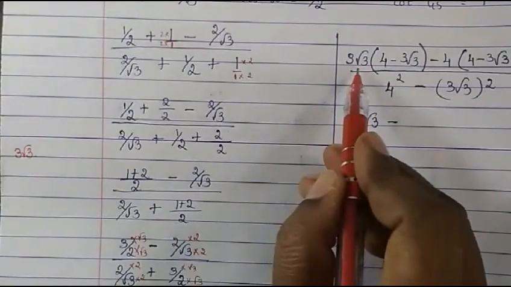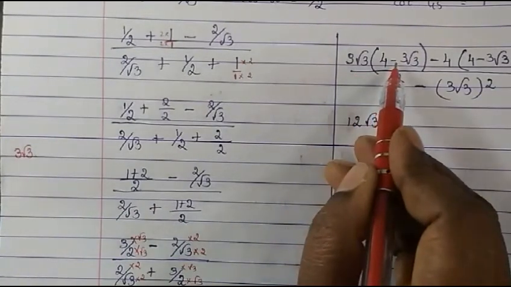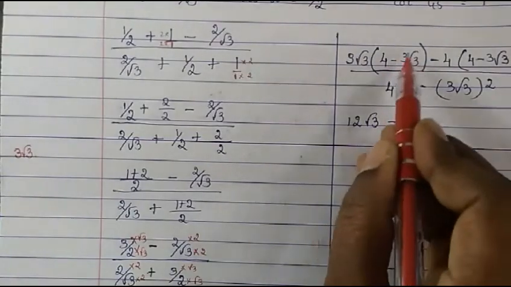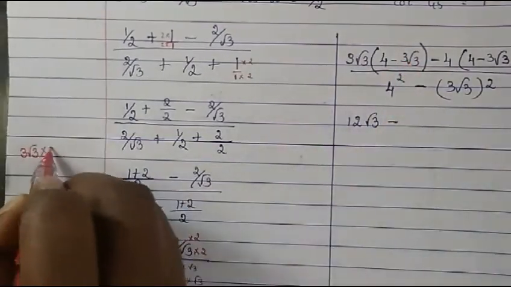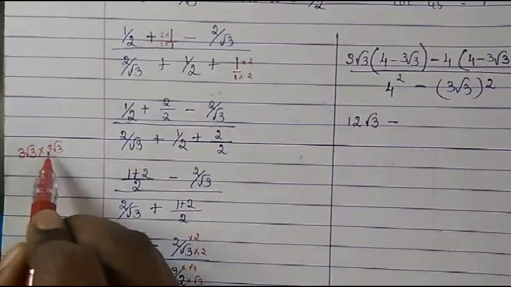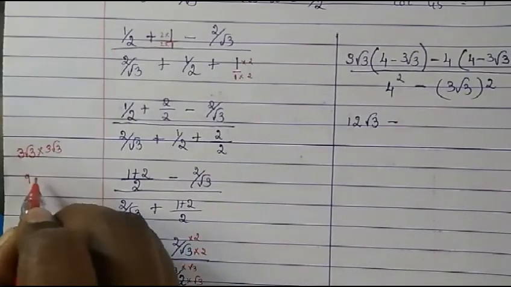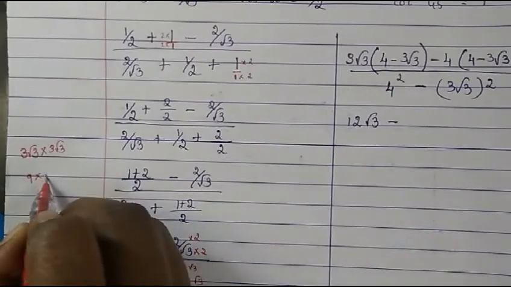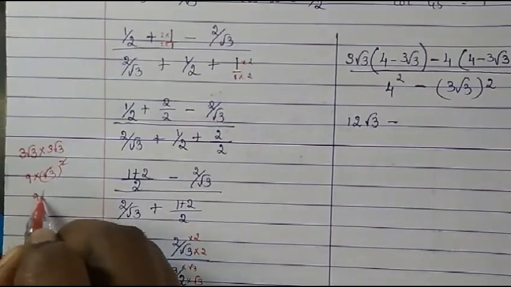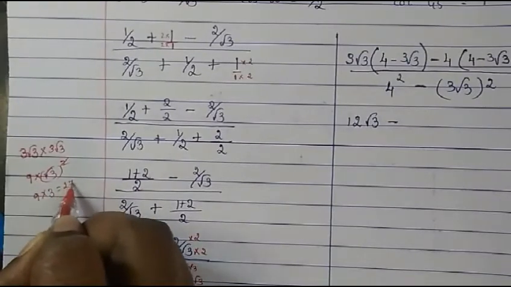Then with this we have to multiply, no? Because minus we have written. With this you have to multiply, into 3 root 3. So what will we get, 3 into 3 will be 9. This root 3 becomes square, so it gets cancelled. So 9 into 3 will give us 27.